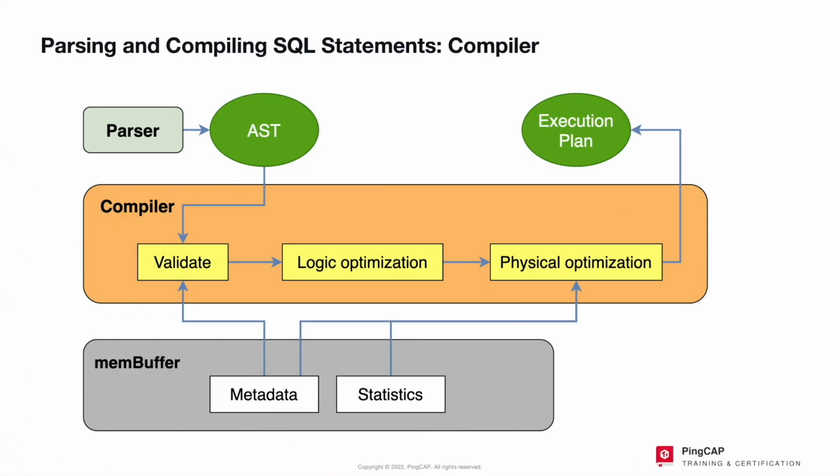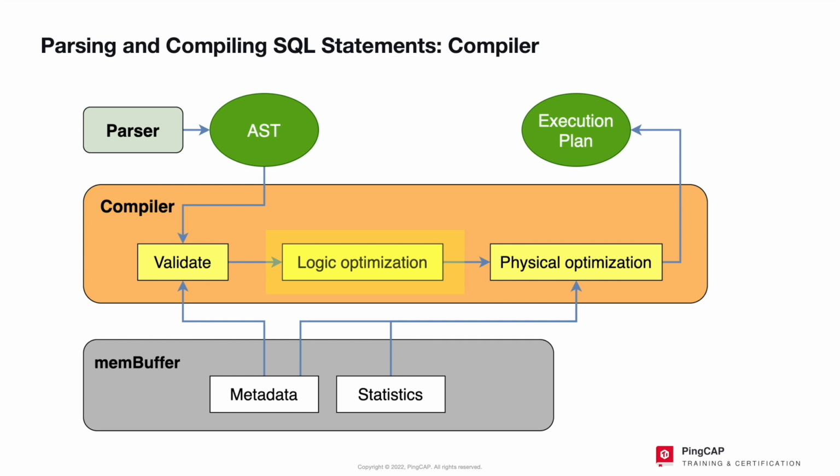Next, let's look at parsing and compiling SQL statements. This is the compile phase. After the SQL statement is parsed, the AST syntax tree is generated and passed to the compile module. The compile module performs the following tasks. First, it performs validation on the query and checks the legality and name bindings. Next is logic optimization.